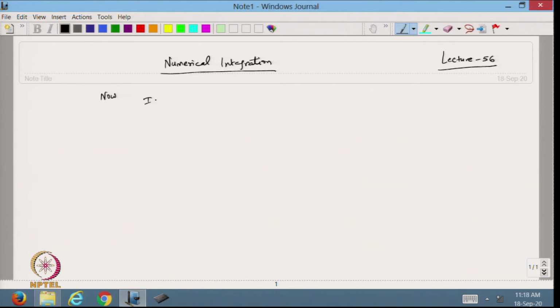Now, I have an integral from a to b of the function f(x) dx.